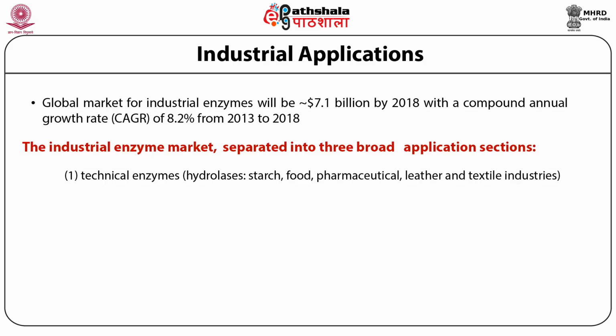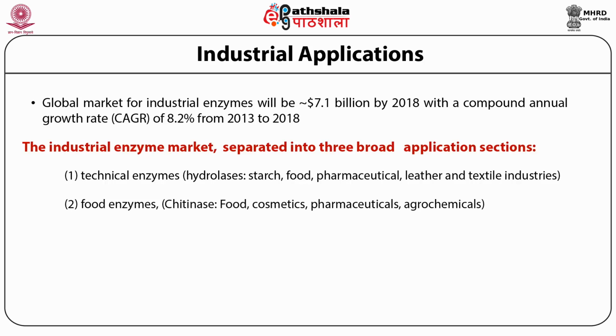The second very important section of these enzymes is food enzymes. For example, chitinase is one of them, and these enzymes are used in food, cosmetic, pharmaceutical, and agrochemical industry.